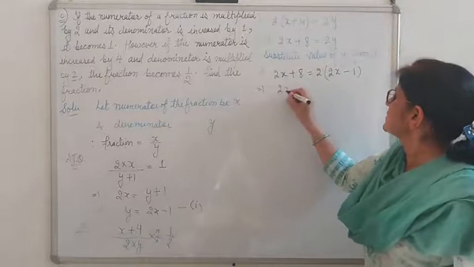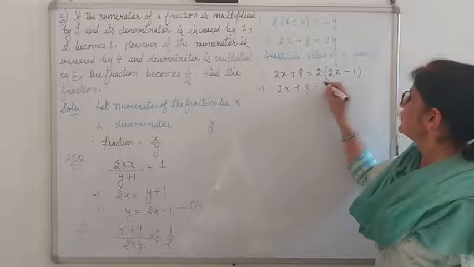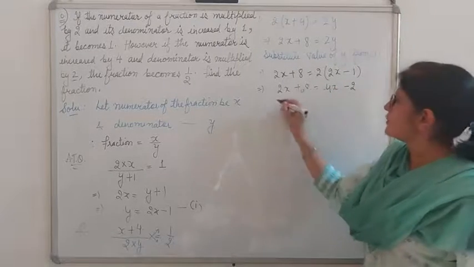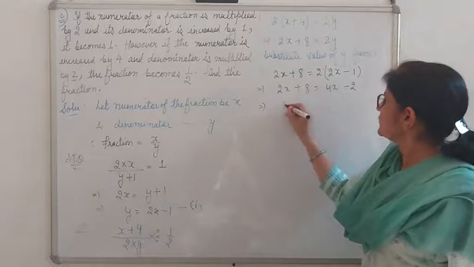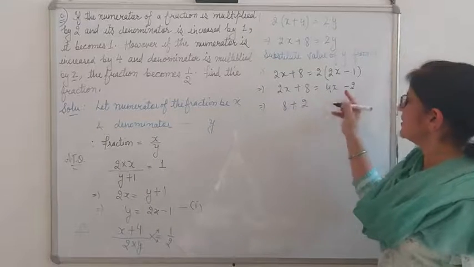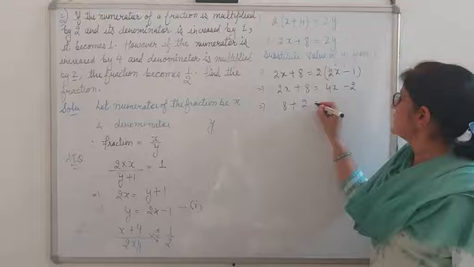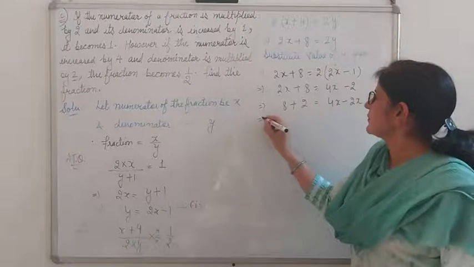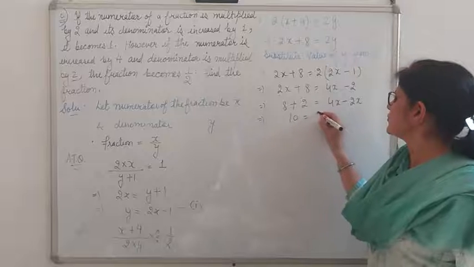So 2x plus 8, 2 2s are 4, 2 1s are 2. So 8 plus 2, this minus 2 comes here in plus, 4x minus 2x. 10 is equal to 2x.